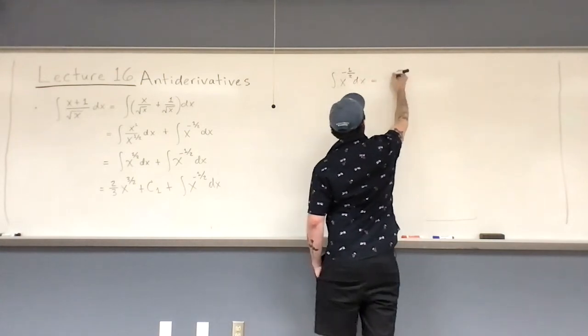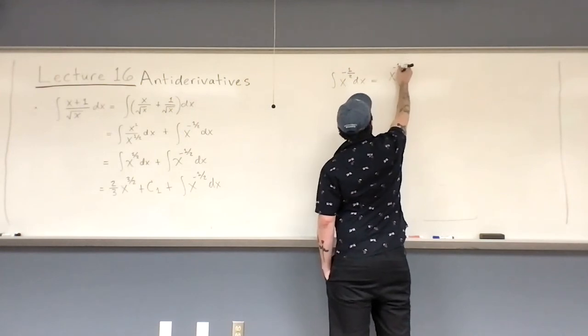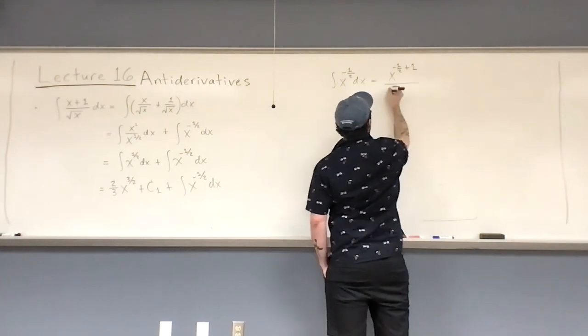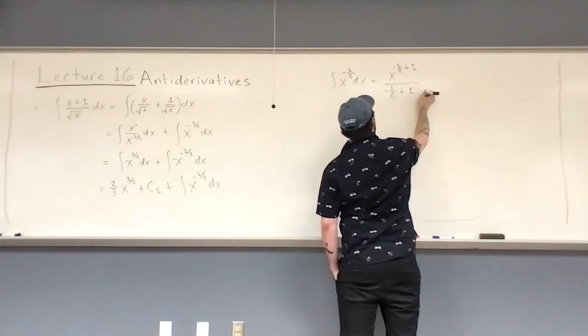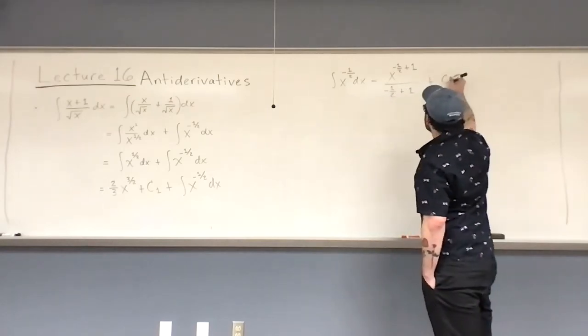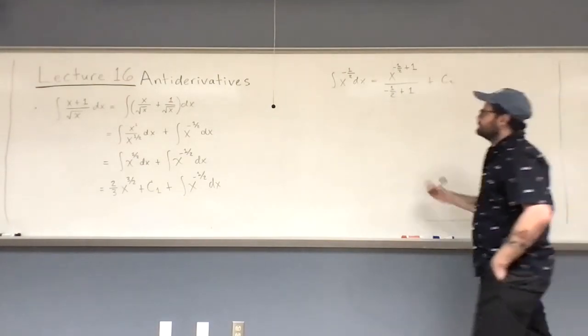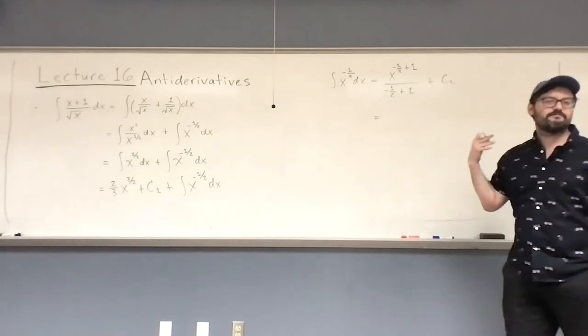This will be equal to x to the power negative 1/2 plus 1 all over negative 1/2 plus 1 plus some constant C2. So what does this become? Negative 1/2 plus 1 is 1/2.